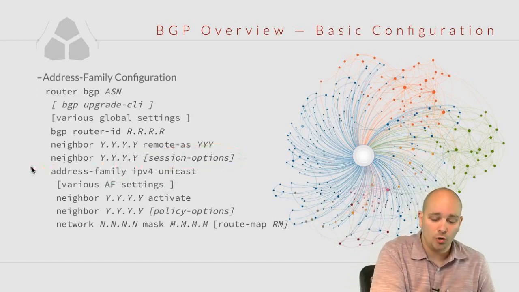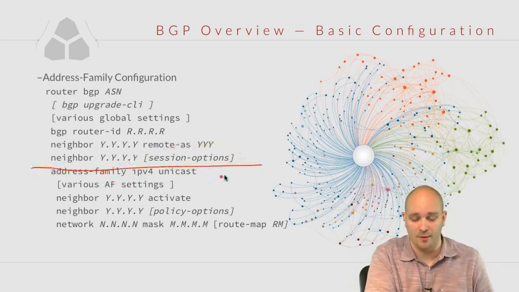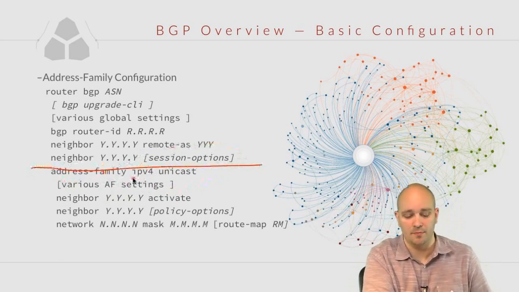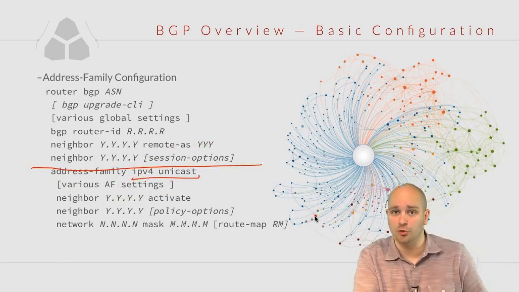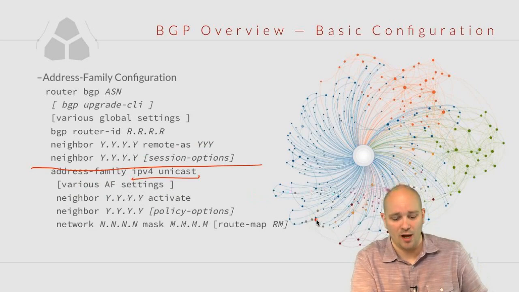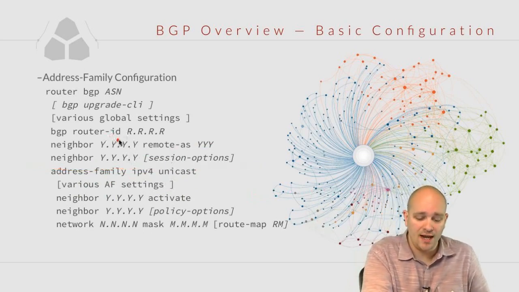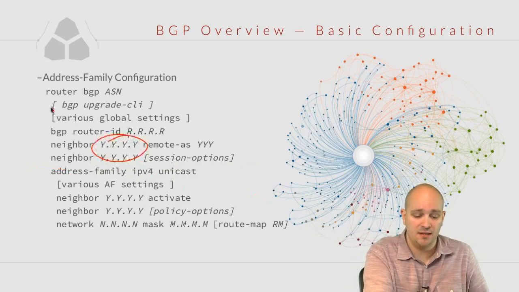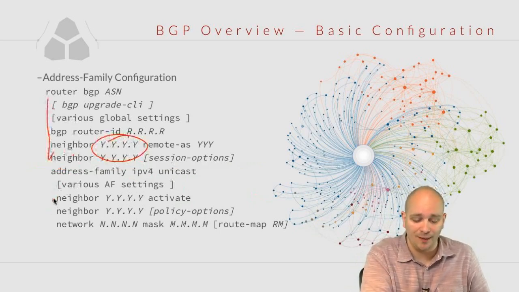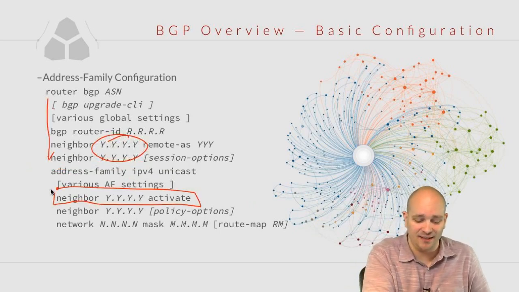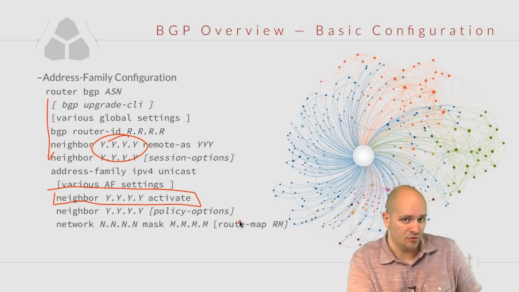And then we're going to move into the address family configuration. So we're going to say address family IPv4 unicast if we want to configure the session for IPv4 unicast. By default in IOS, all neighbors defined in the global configuration are automatically going to be activated in that particular address family.